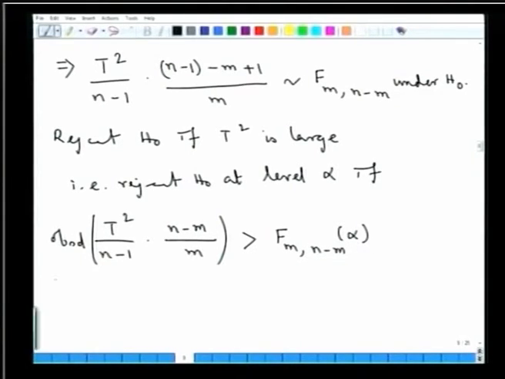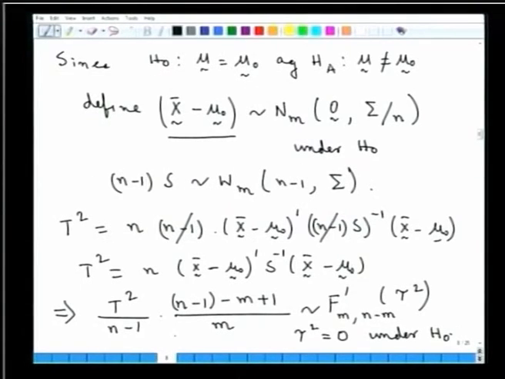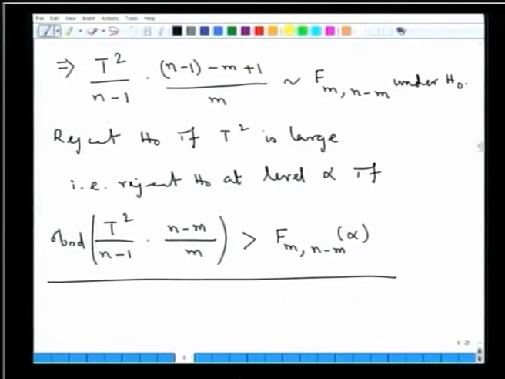So this finally becomes the testing procedure for testing the null hypothesis that mu equals mu naught against mu not equal to mu naught. We look at the deviation x bar minus mu naught here, and this serves as the test statistic, which has an F distribution on m and n minus m degrees of freedom under the null hypothesis.